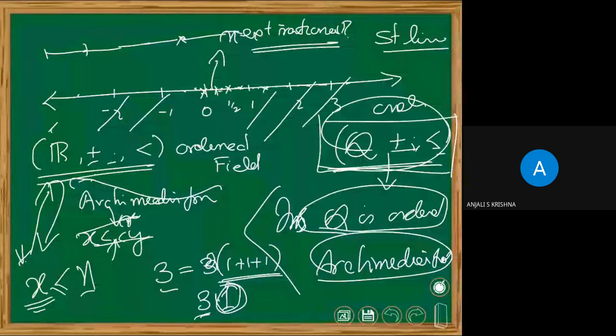After a certain finite stage, you will cover it. So it says any distance as a real entity can be covered in finitely many steps, that is, n times 1. Am I right now? Yes, sir. That is the whole theory you have to take from the Archimedean property, nothing more.